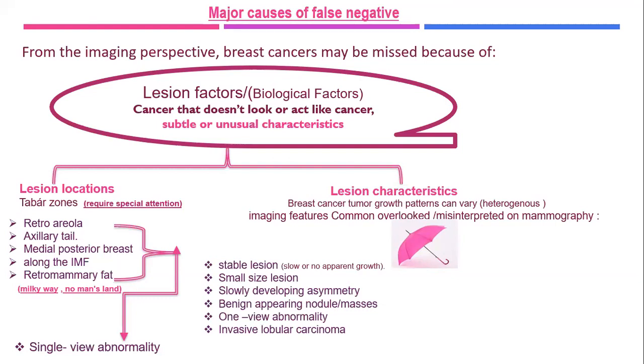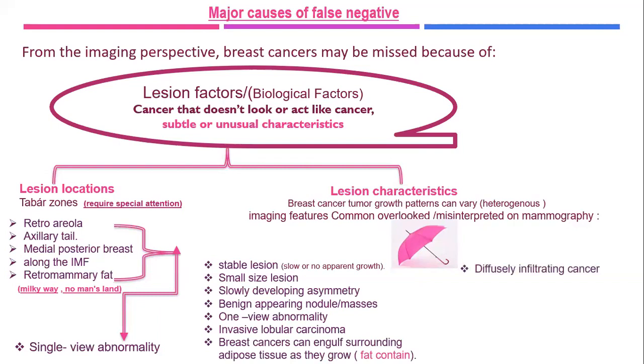And as you know, invasive lobular carcinoma usually grows in a different way than invasive ductal carcinoma and other breast cancers, which makes it difficult clinically as well as radiologically. And breast cancer can engulf surrounding adipose tissue, giving an apparent fat-containing lesion, which can result in misinterpretation.